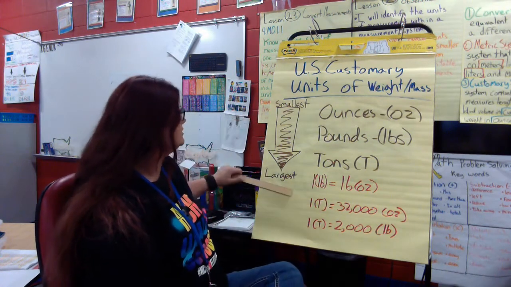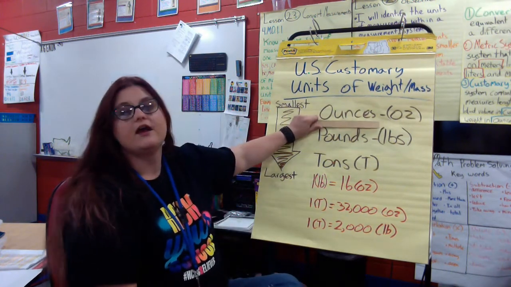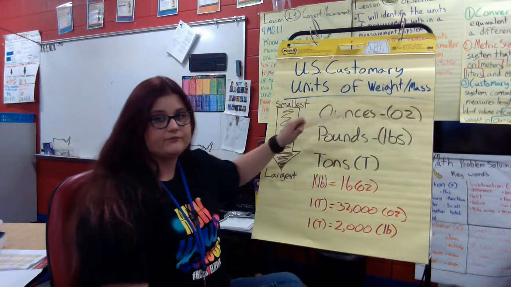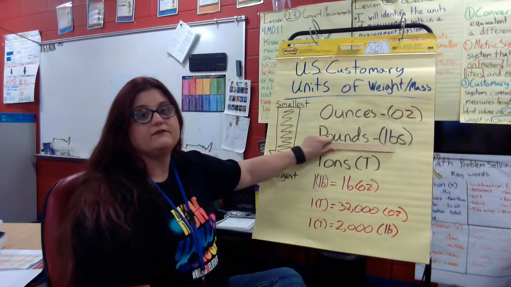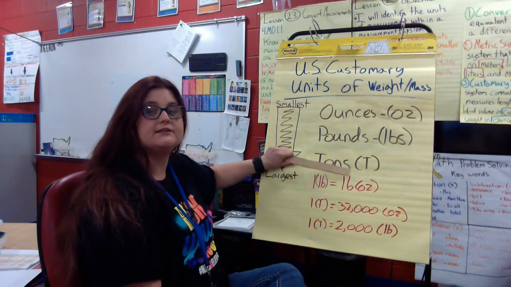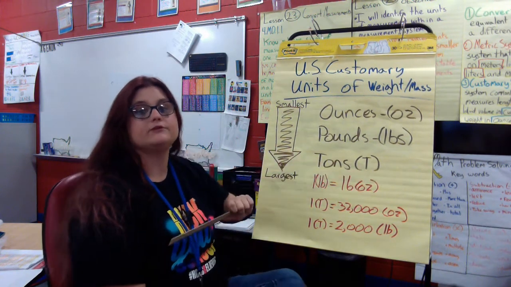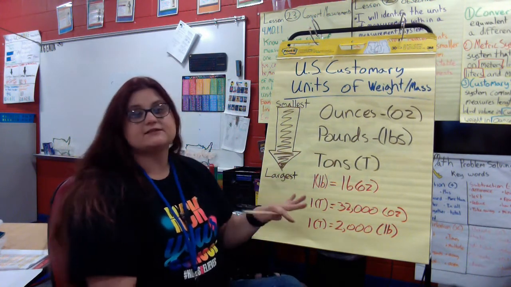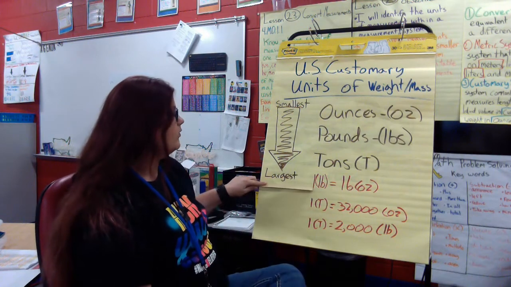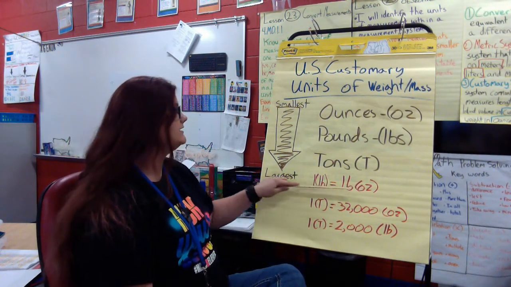So from smallest to largest, we start with ounces, abbreviation OZ, pounds, abbreviation LBS, tons with the abbreviation of capital T. All right, and what this is going to look like conversion-wise is 1 pound is equivalent to 16 ounces.